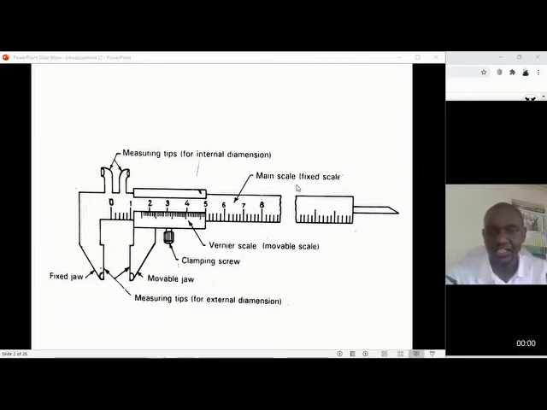That is the vernier caliper. Our vernier caliper has got the following. It has got a vernier scale. It has got a main scale. And it has got jaws where you fix and measure.